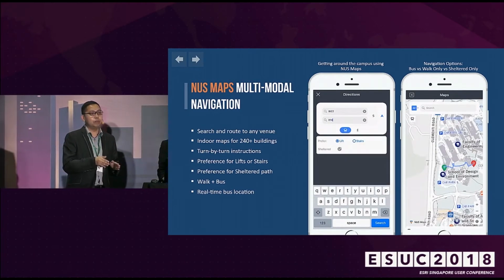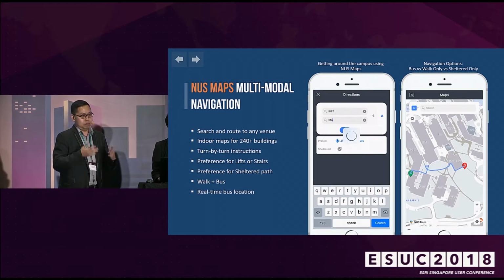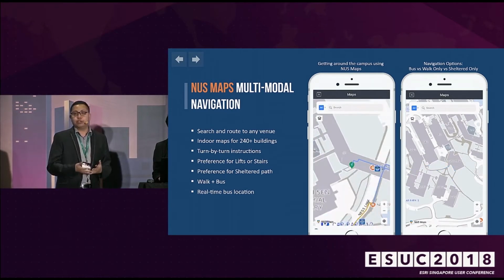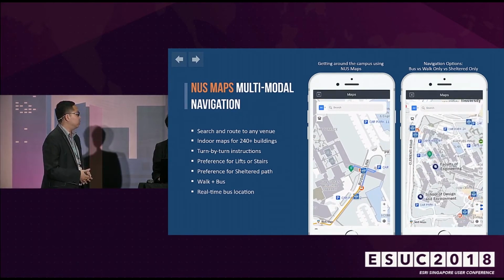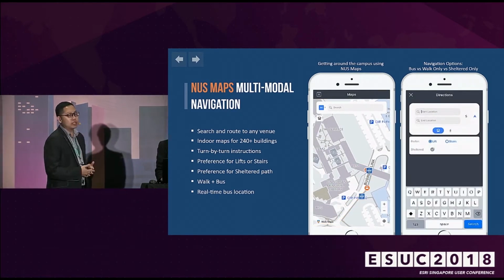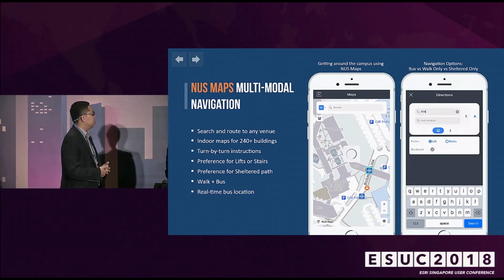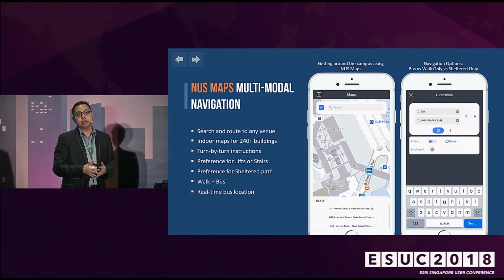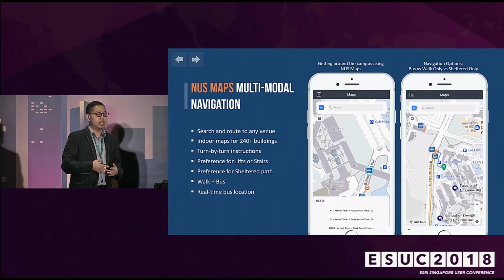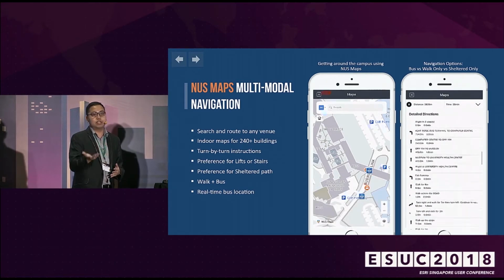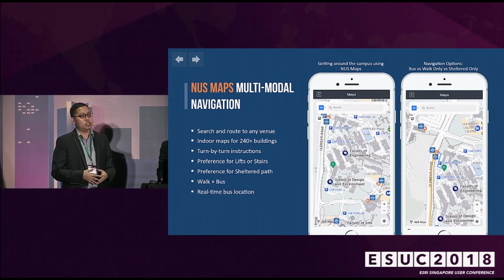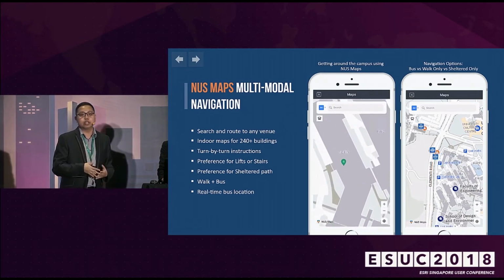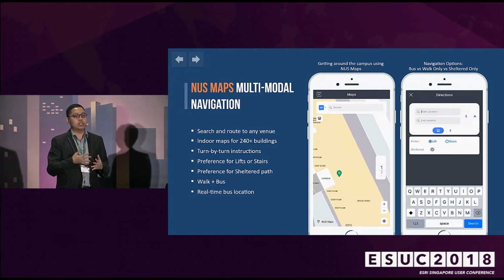Every single room of a particular venue that is of interest to the staff, the student, or the visitor of NUS. It provides turn-by-turn routing instructions, even for indoor walking, where to turn, and it provides a landmark instruction as well, for example, turn after the pantry. It includes multi-modal routing, that is to say it will advise you whether to take a particular internal shuttle bus, whether to take the lift or take stairs.